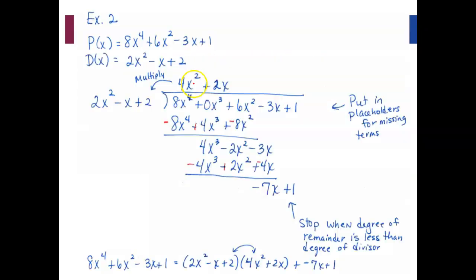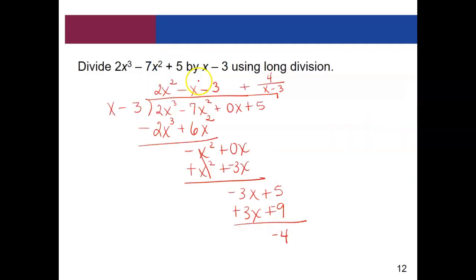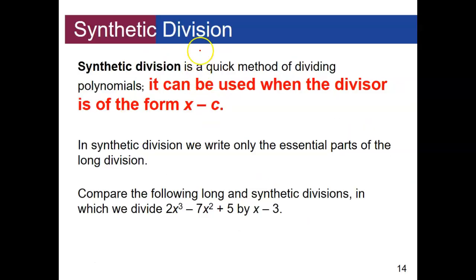It really doesn't matter what we're dividing into it. They're all going to work the same for long division. But now when we get to synthetic division, it has to be something of the form x minus c that you're dividing into it. Or in other words, your divisor has to be to the first degree, so that it has to have a degree of 1. If it has any other degree, it's not going to work to do synthetic division.